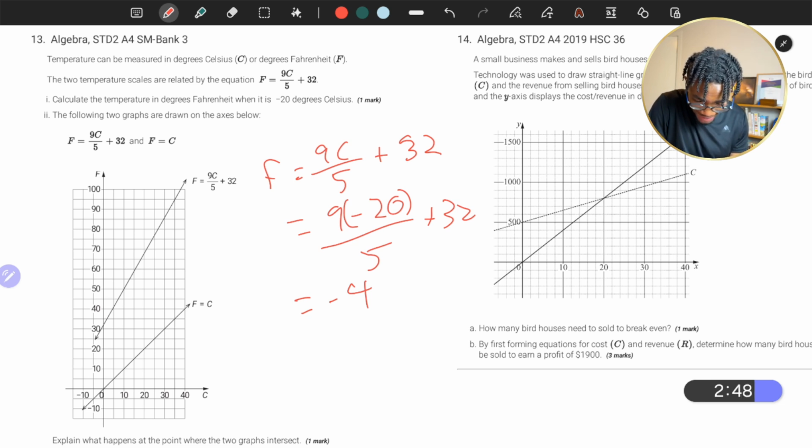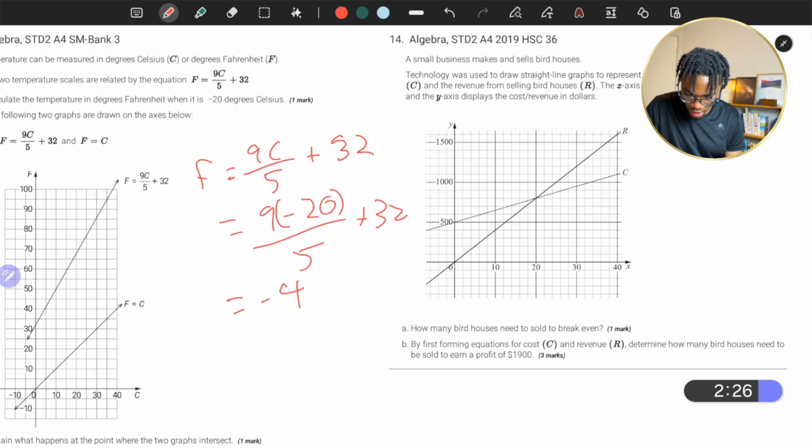You could really write anything for that and get the mark. What else could we write? Yeah, I'll just say it's the point where Celsius and Fahrenheit are equal. Okay, let's move on.